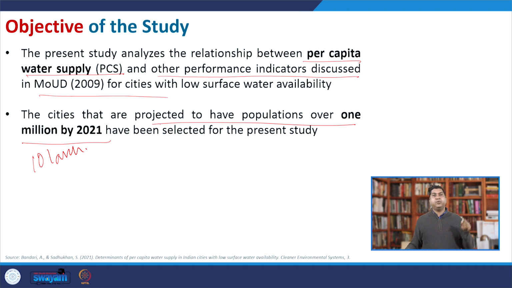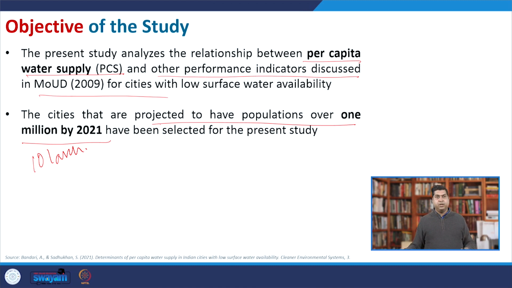So we had to depend on past data and apply a projection. For some cities we have data for the last 3 decades, and in some cases only 2 decades, 2001 and 2011.